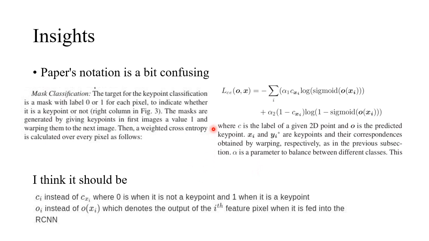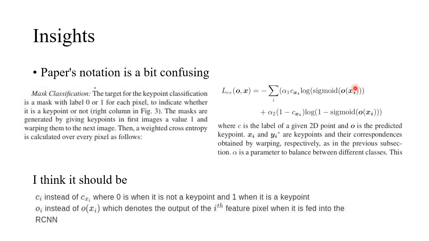The thing that I think is a bit confusing is that first of all they say x_i is a key point. So C of x_i means that it is a label of a key point, which means it should be one every time. If that's the case, that means the second part of this formula is always zero. So what I think it should be is that instead of C of x_i, it should be c_i because it is iterated over every pixel here, and then instead of O of x_i, which is the prediction of a key point, it should be o_i.